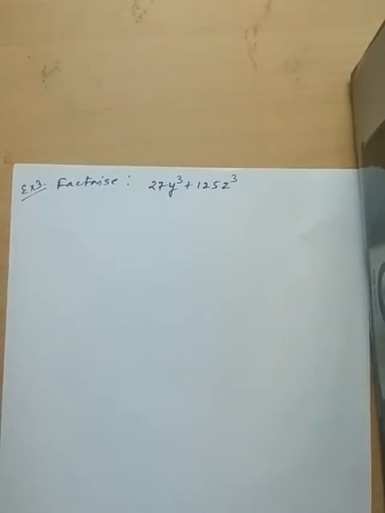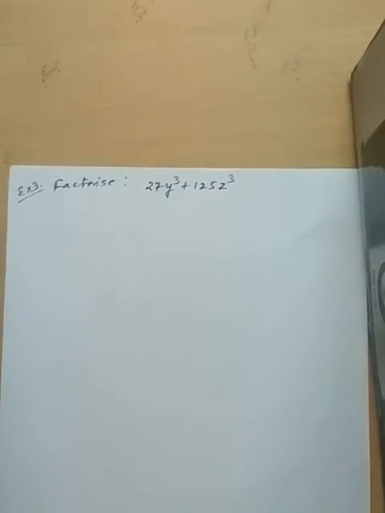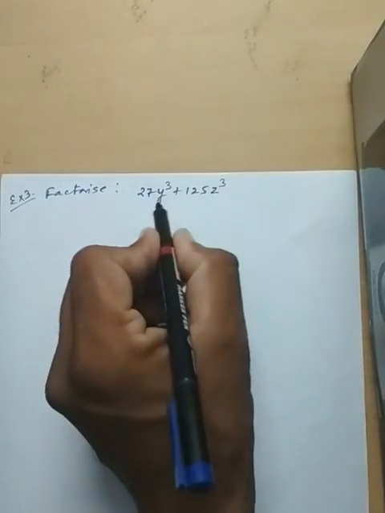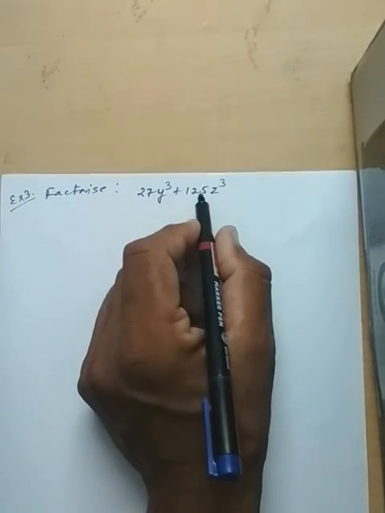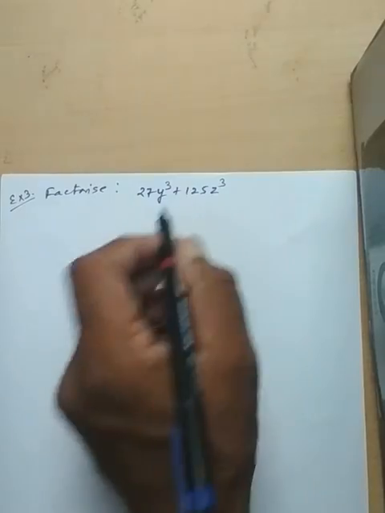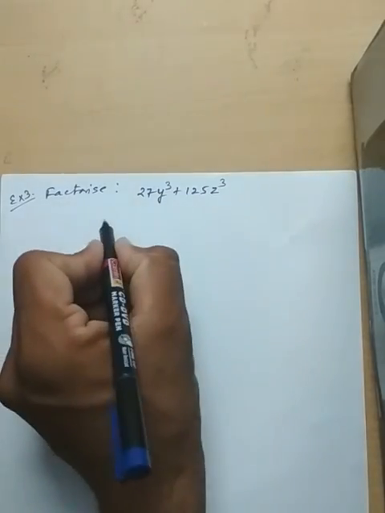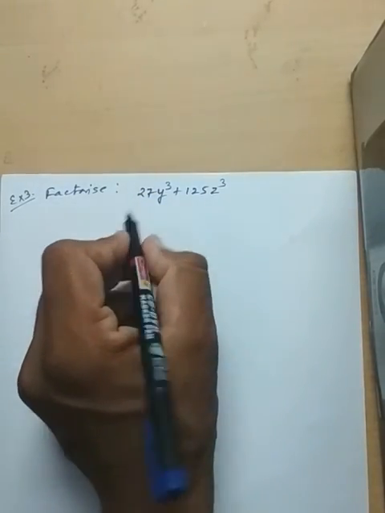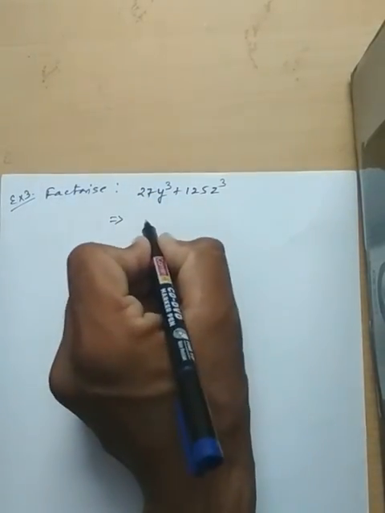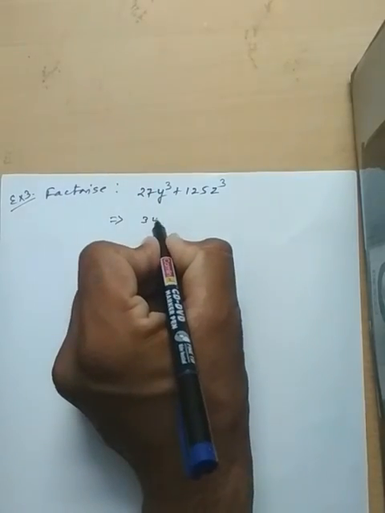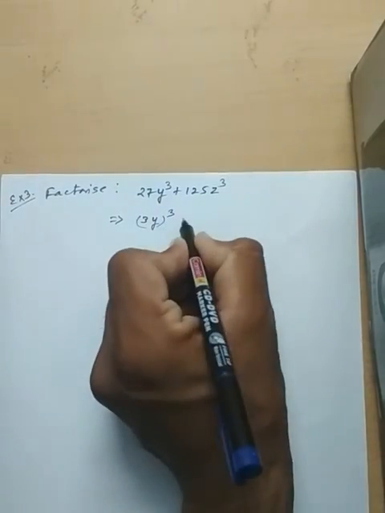Our next question is factorize 27y³ plus 125z³. In this type of question we are using the identity a³ plus b³. For using a³ plus b³, first of all make the whole cube. So in place of 27 we can put 3³, then (3y)³.